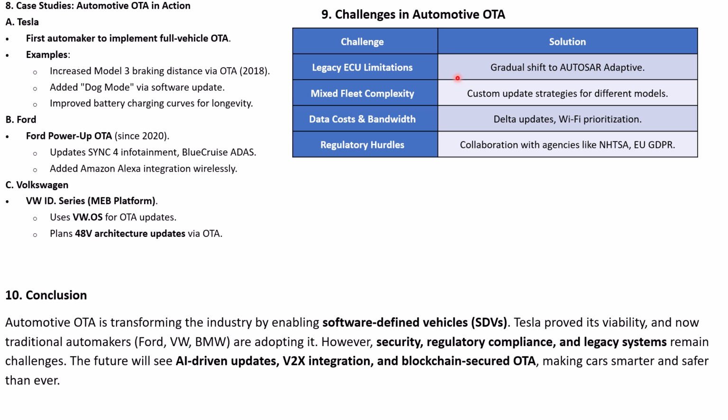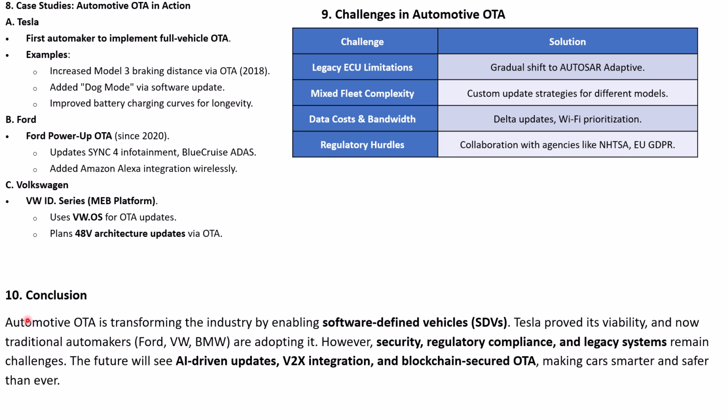Then mixed fleet complexity, with custom update strategies for different models, and delta cost and bandwidth, which include solutions like delta updates and Wi-Fi prioritization. And regulatory hurdles, collaboration with agencies like NHTSA, which includes European GDPR. So these are the regulatory hurdles.